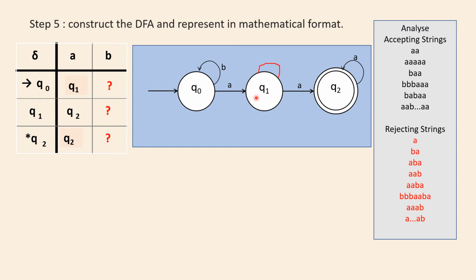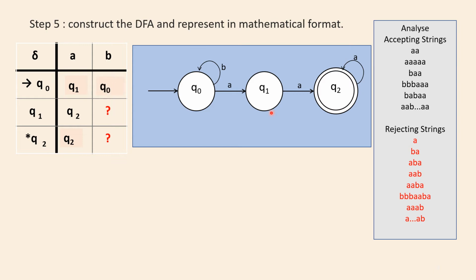That is A, B looped in Q1 and A, this is supposed to be rejected whereas it is getting accepted. If I have A, B, A, this is also supposed to be rejected, but it has been accepted. Therefore, we cannot loop B in Q1.